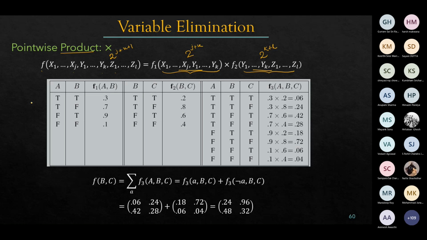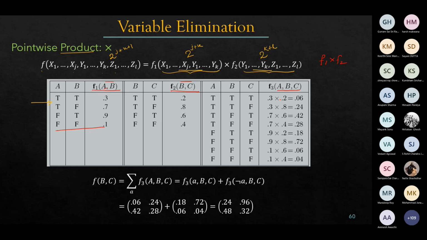Now let us look at this example. Here we have one factor f1(A, B), which is already defined. The values are already defined. Another factor is defined on B, C. Now, if we want to compute the product of these two factors, the variables associated with this product will be A, B, C, because we are taking the union of these two variable sets.